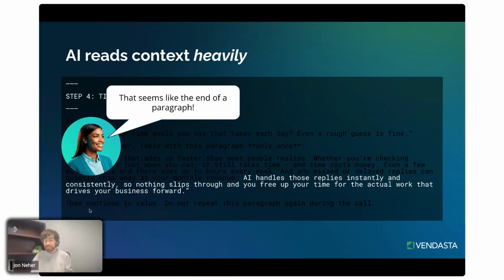So, despite the fact that we said do not repeat this paragraph, this was a stronger signal for the AI. So what we need to do instead is be really clear about how we move forward from this, or leave the right sort of ending hook to move forward.